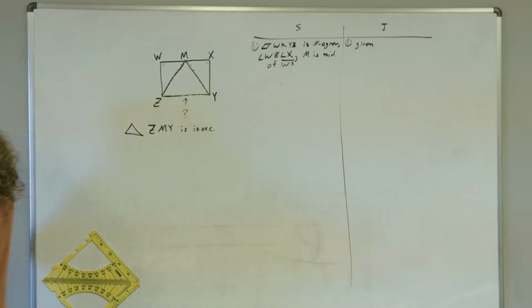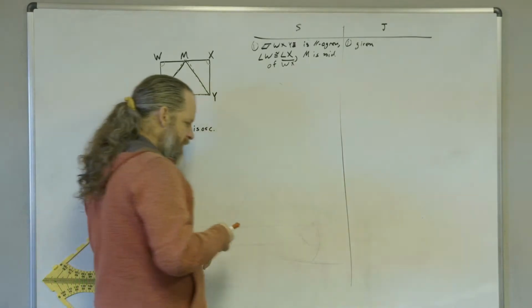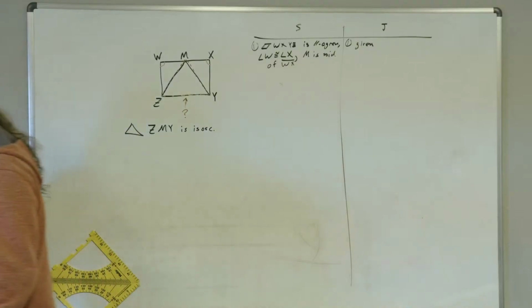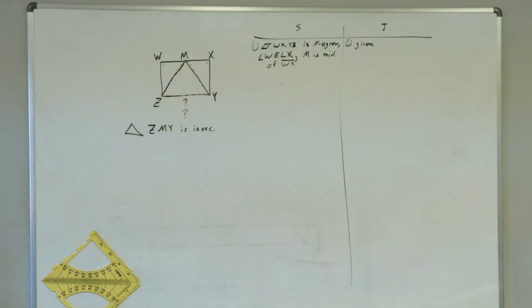So what we're trying to get to is the definition of isosceles, or we're trying to get to base angles are congruent. We're trying to get to either base angles are congruent or the definition where two sides are congruent, right? So what can we use from the information that is given up there?